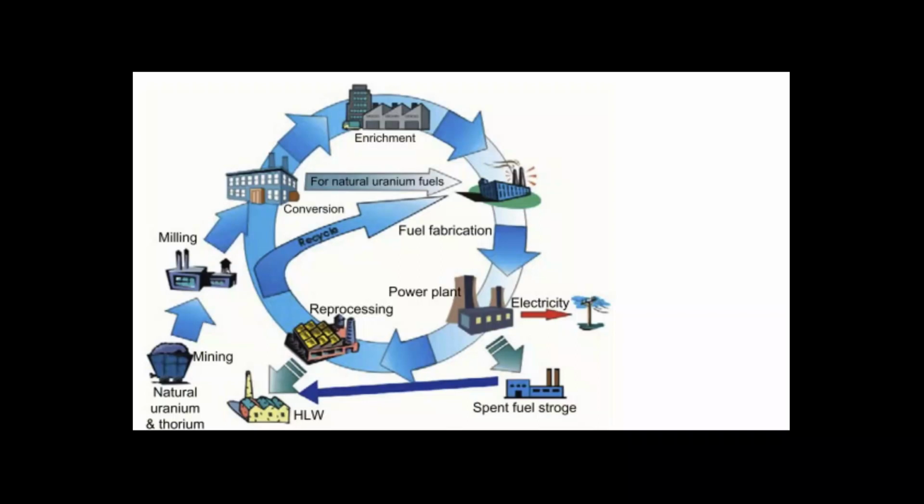Some of the nuclear fuel has no use, and therefore is spent, and some can be reprocessed. So you have a cycle occurring at this point. But the spent fuel has to be disposed of.